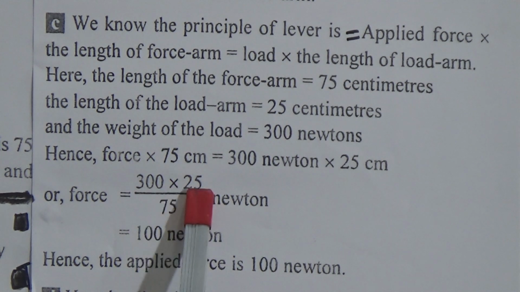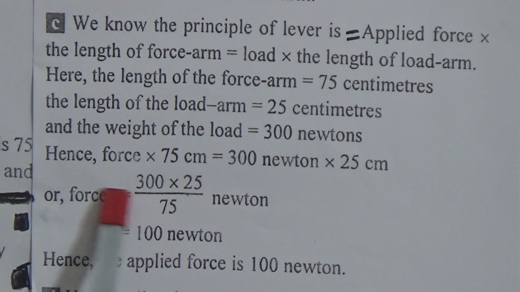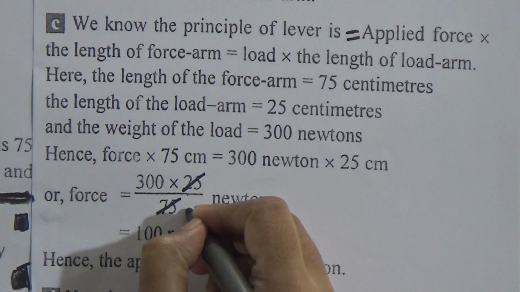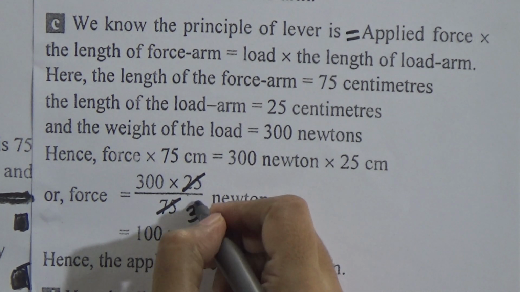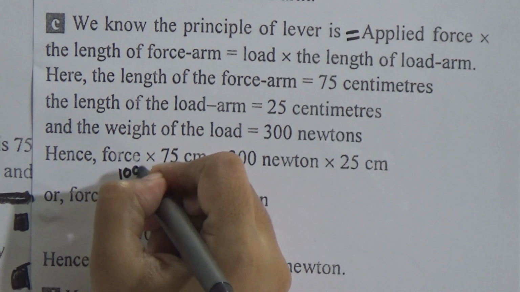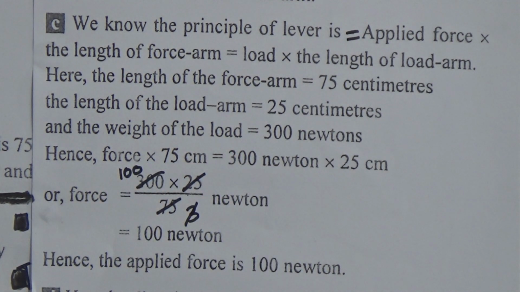Now 300 times 25 divided by 75 newtons. If we cancel 25 by 75, there will be 3, and this 3 we can cancel with 300, we get 100 newtons. Hence the applied force is 100 newtons.